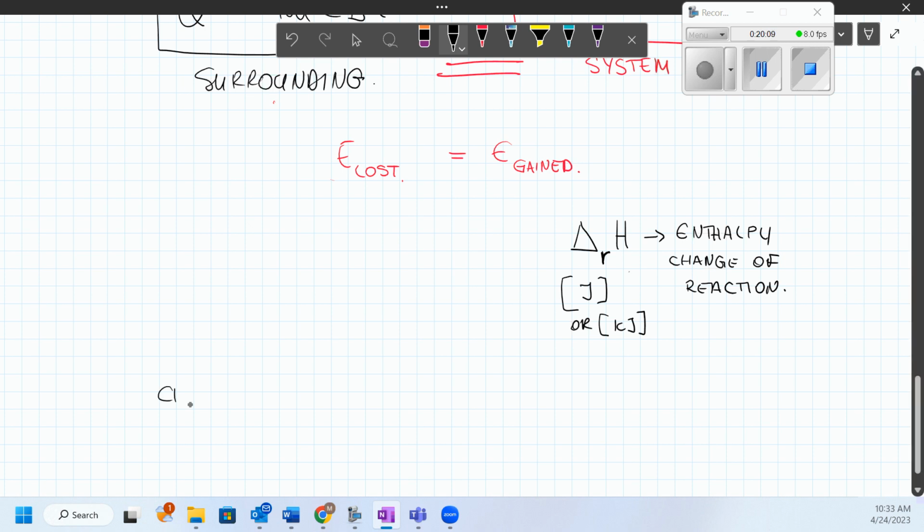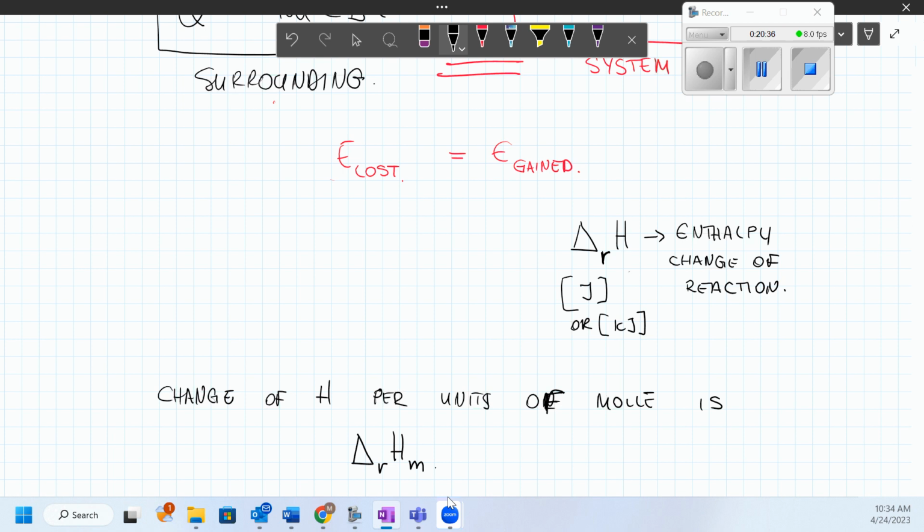So the change of enthalpy per unit of mole is known as the molar enthalpy change.